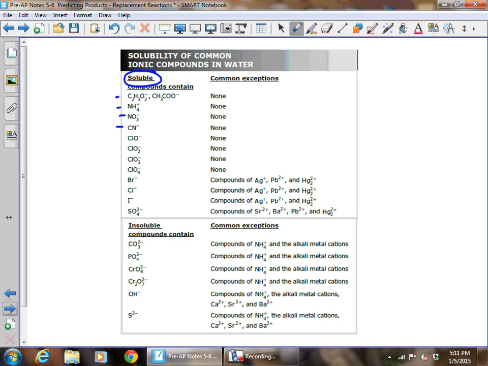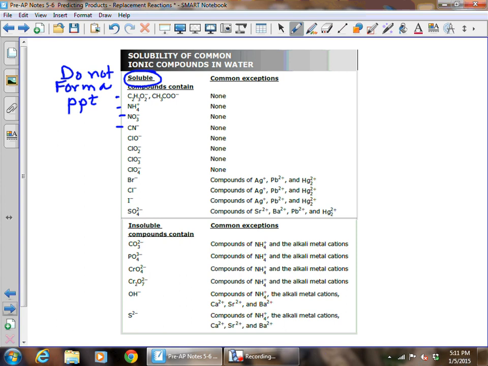It's not going to form a precipitate. So these soluble compounds do not form a precipitate. They dissolve in water. And PPT is a common abbreviation for precipitate. You might as well get used to it now because you'll see it a lot.